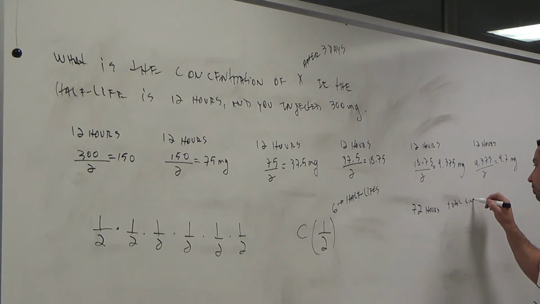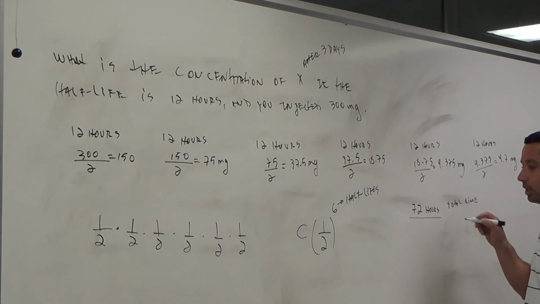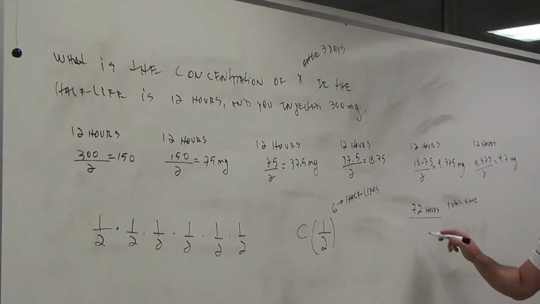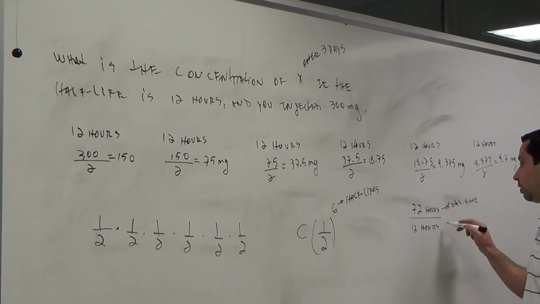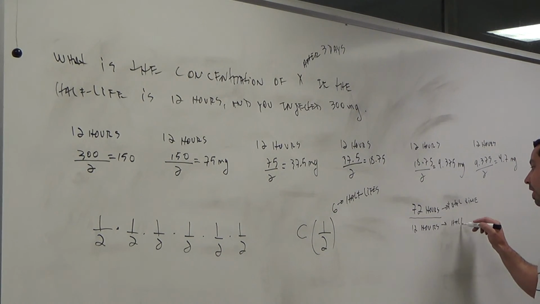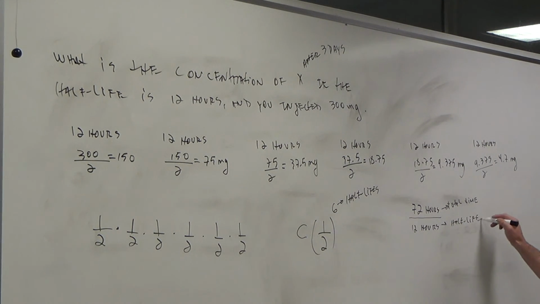The total time, yes. Divided by 12 hours. And 12 hours is what? 12 hours is the half-life time. So what this gives you is the number of half-lives that have elapsed.